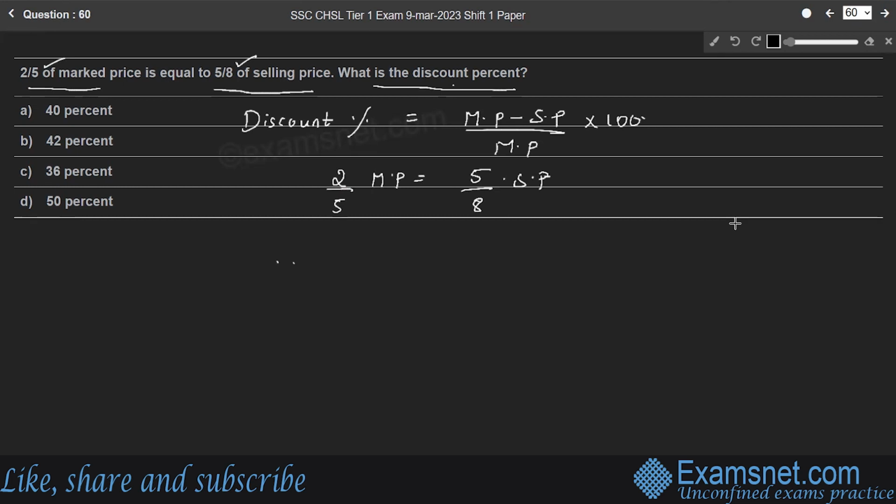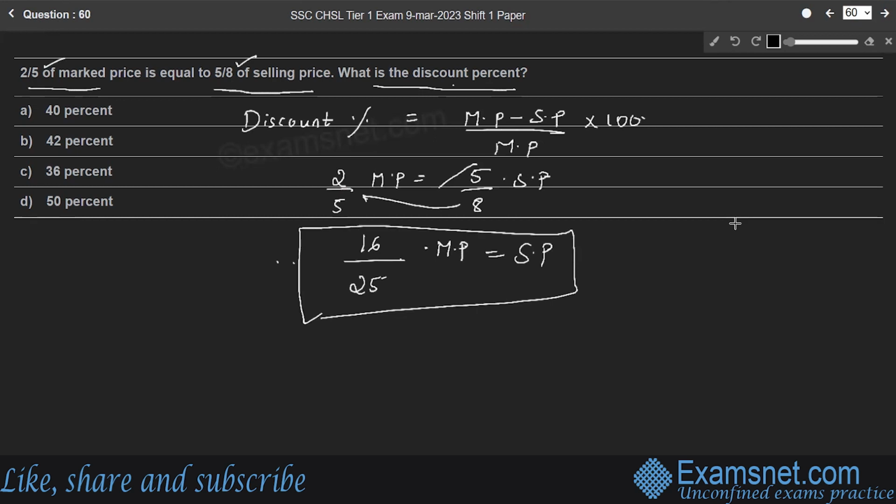So just rearrange this. So 2 into 8, 16, and take this 5 to LHS. 16 by 25 into market price is equal to selling price. So substitute this value in the discount percentage formula.